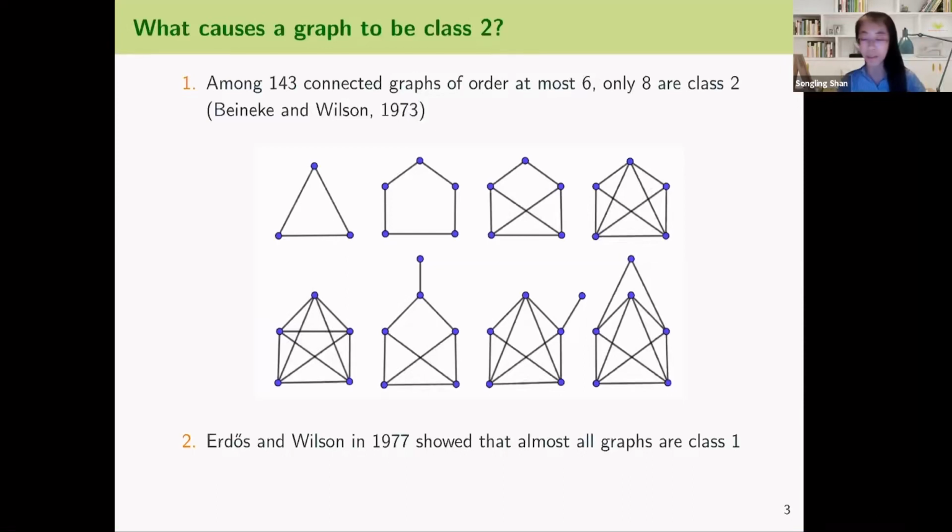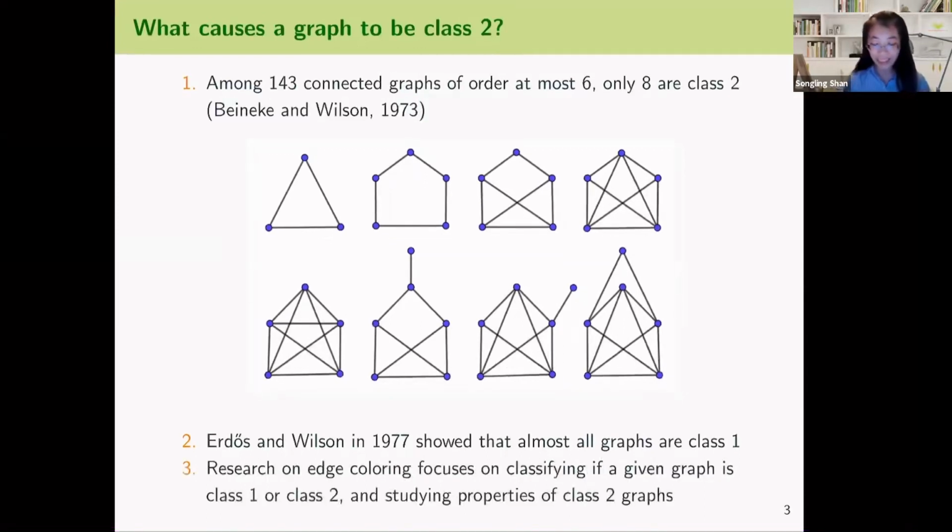Because almost all graphs are class 1. Well, because we still want to know what kind of graphs are class 2, right? It's the same thing as in math history, where people were trying to prove the number pi is irrational. So this is what mathematicians do.